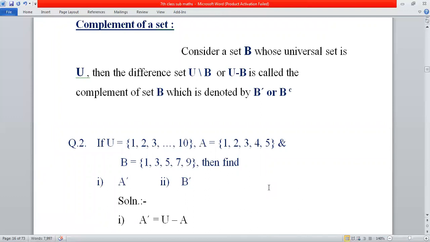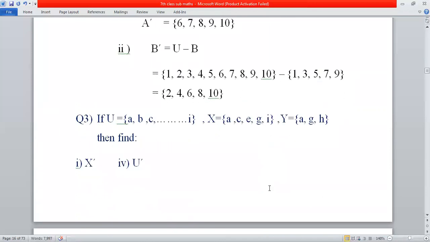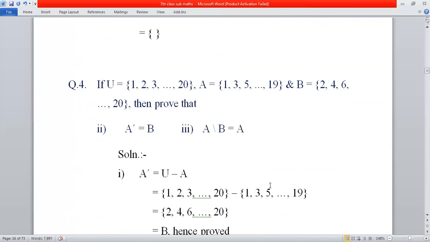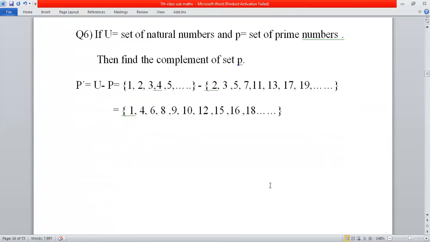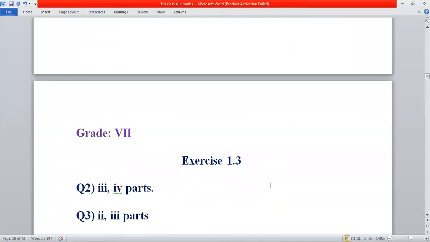In question number 3, again you have four parts, and here I discussed the first part and fourth part with you. In the same way, you have to solve the second and third part. I hope you understand these three concepts and try to do this assignment. The assignment is question number 2, third and fourth part, and question number 3, second and third part.